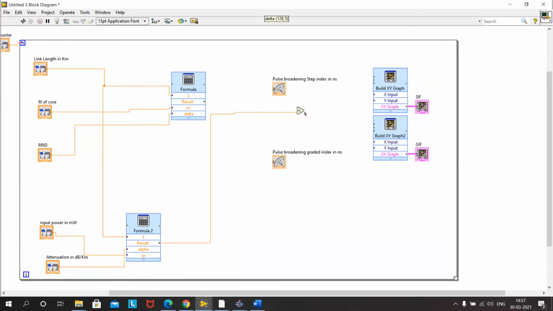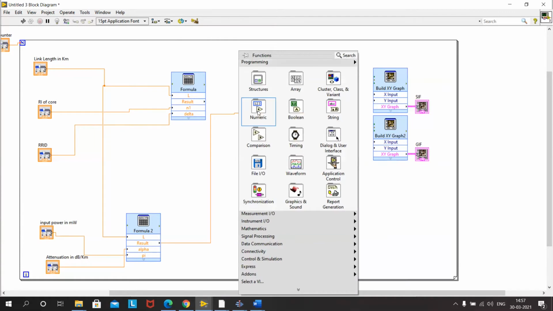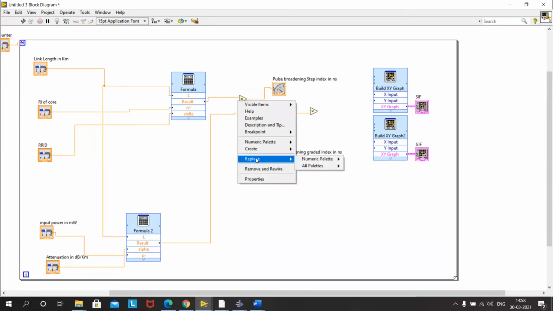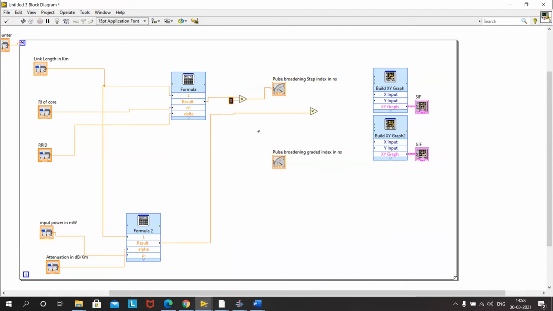So first we will multiply the value with 10 to the power of 9. Now we have the pulse broadening sigma in ns and the output power, but to get the pulse we need to multiply it with the Gaussian term.